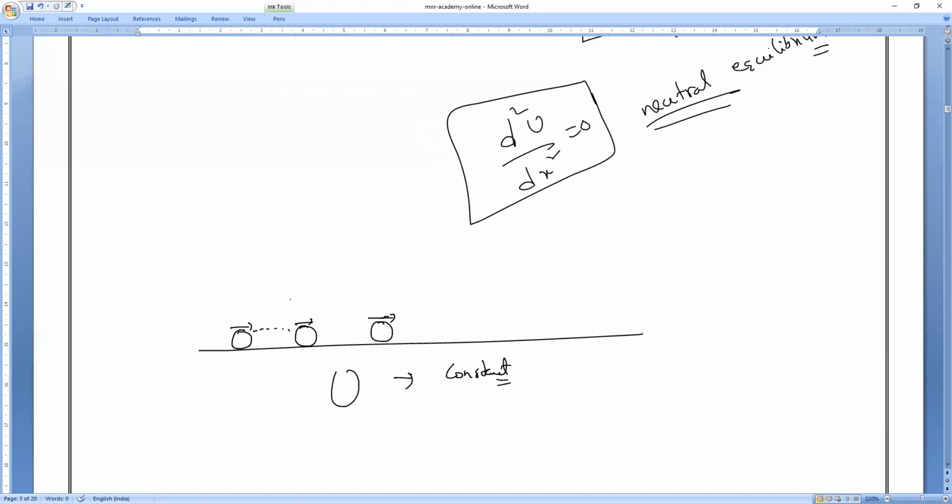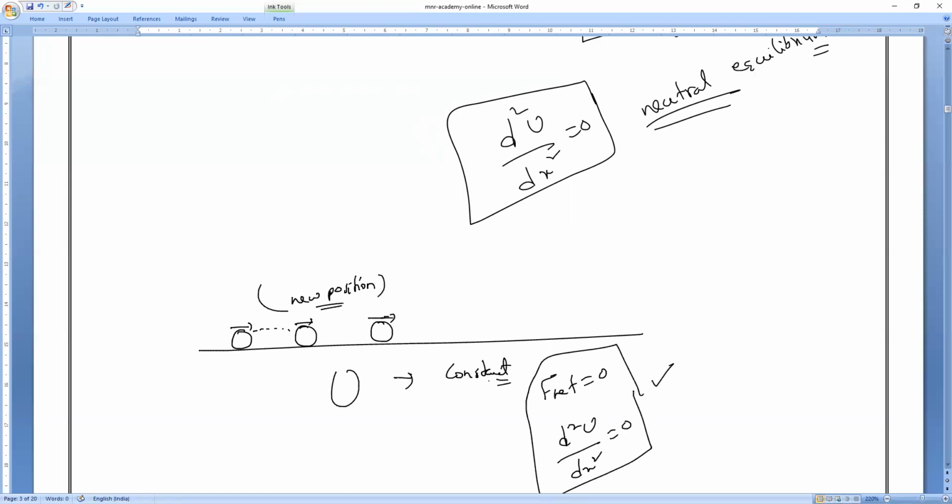But what is the position? Same position or new position? New position, but the potential difference remains the same. So in the sense of F net equal to 0, d square u by dx square is also equal to 0, everybody. So here, what will happen?